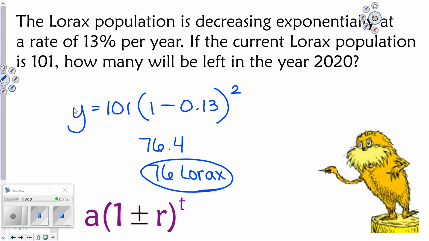Say you have $1 million in savings. That'd be 50 grand. That's what some people do: they invest a lot of money and then they just live off of the interest.